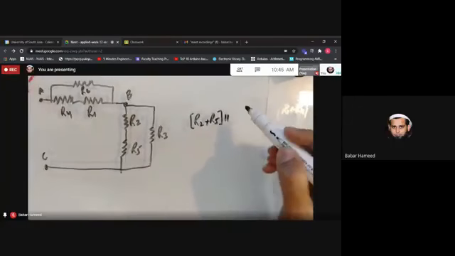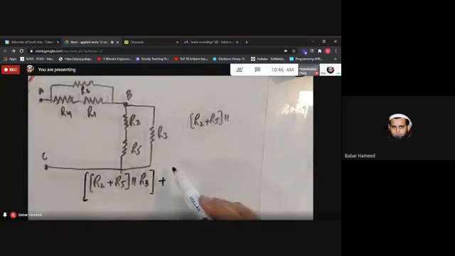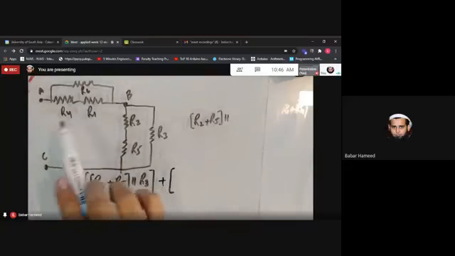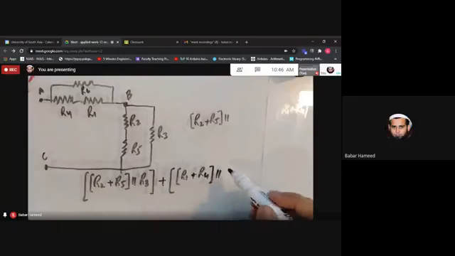R2 plus R5 is in parallel with R3, plus the series combination of R1 and R4, is parallel with R6.